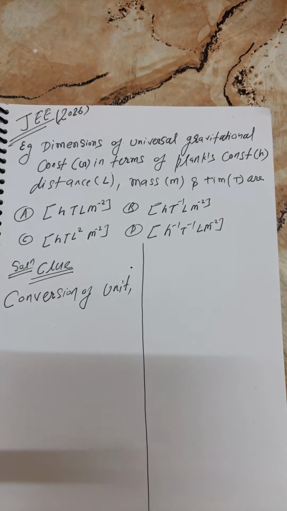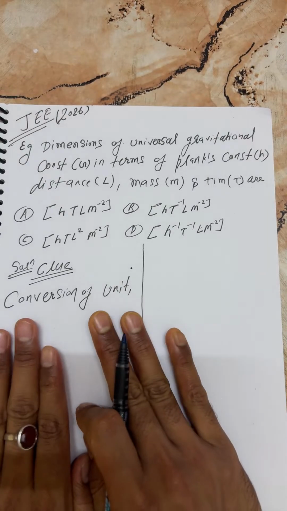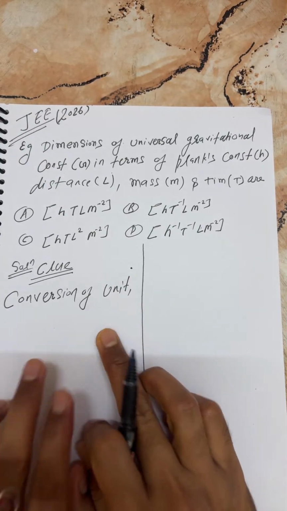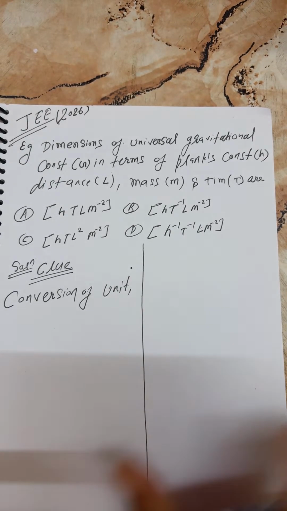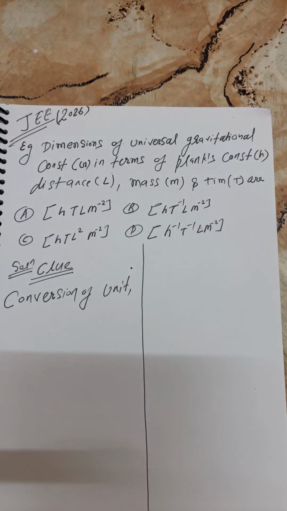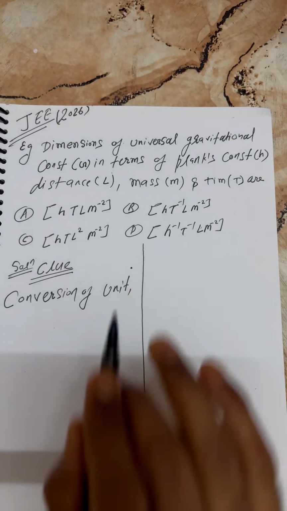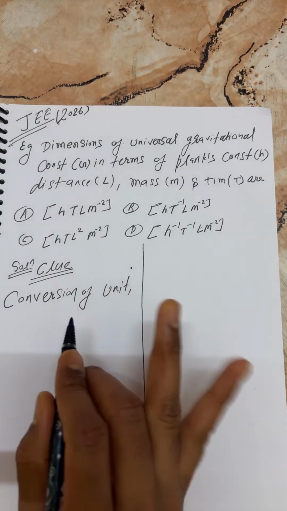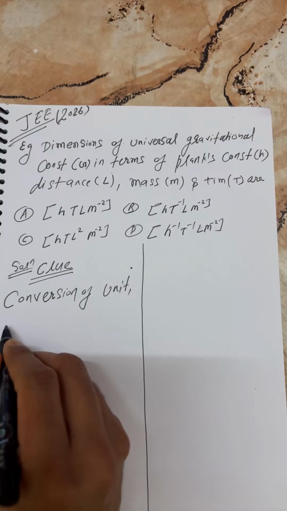If you know, then you can do it. Otherwise, there is no way to do this question here. There is no shortcut at all. But I'll teach you nicely so that you can also understand if you don't know about this concept.